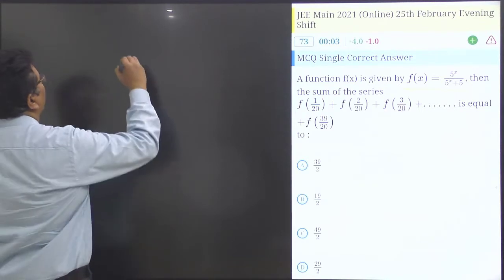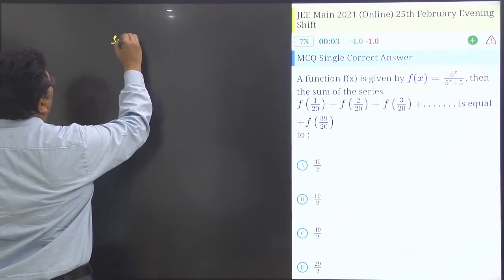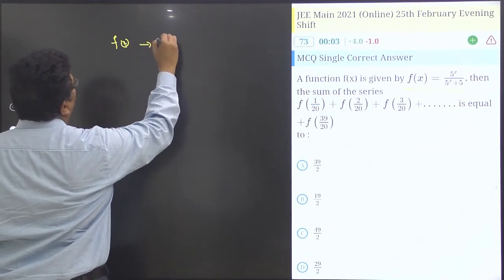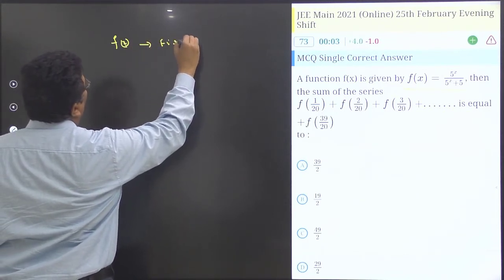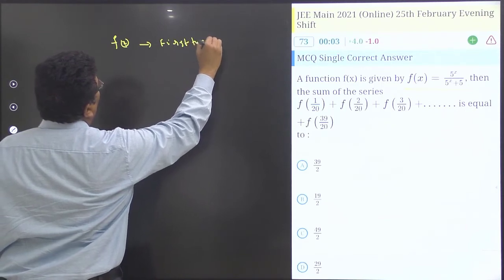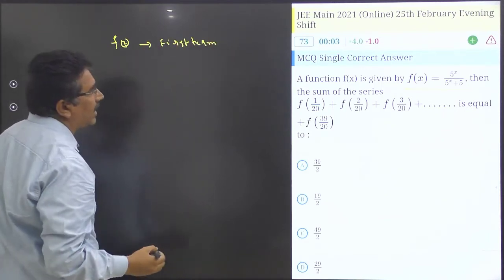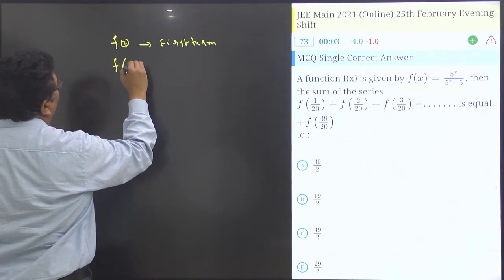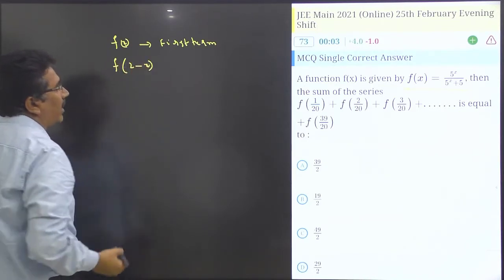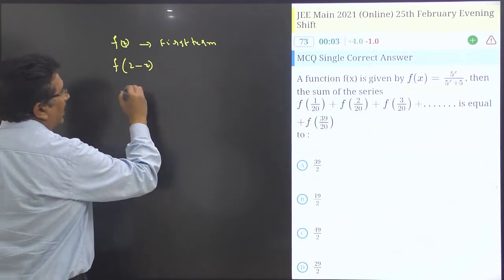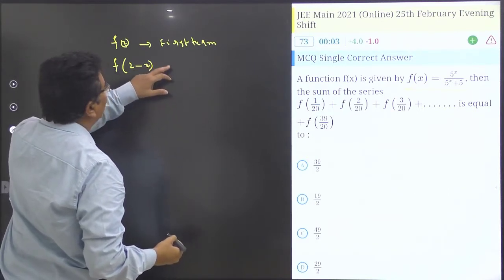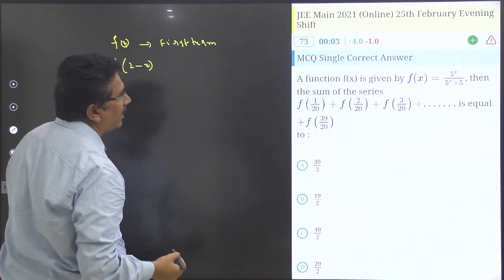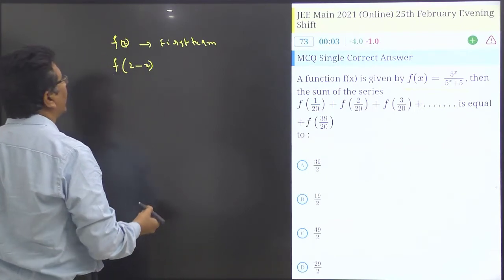Suppose the first term is this, and the last term is f of 2 minus x, that is f of 39 by 20.